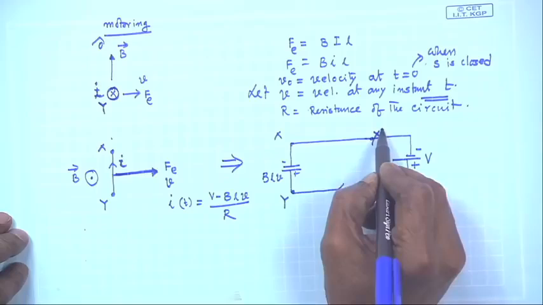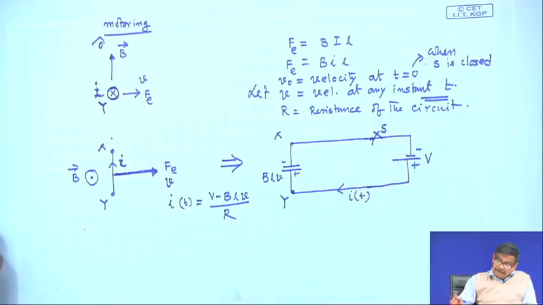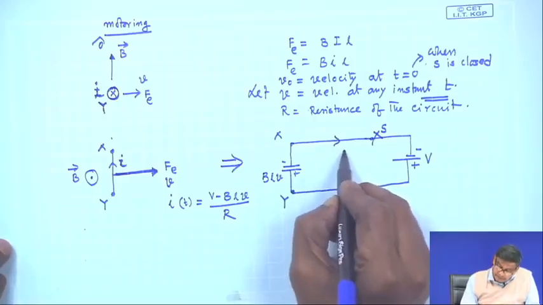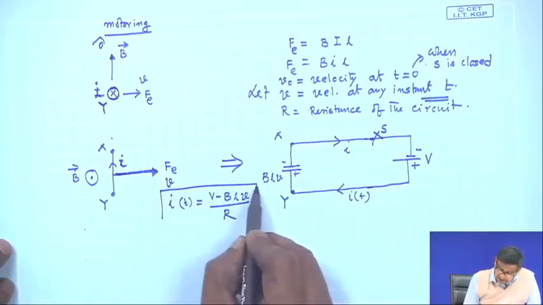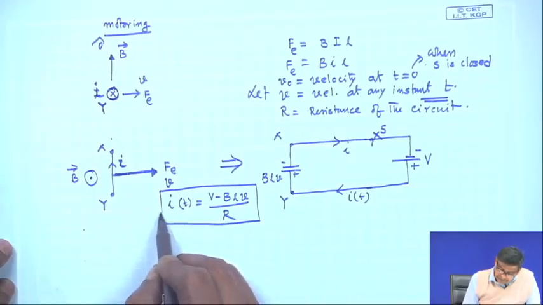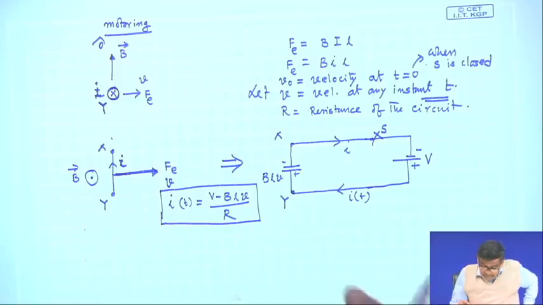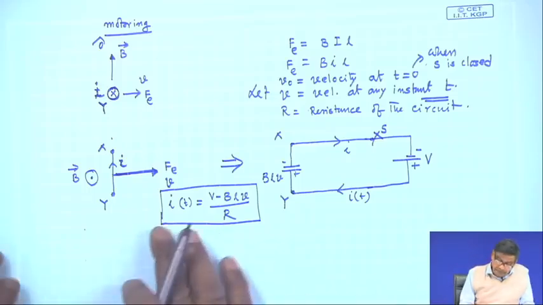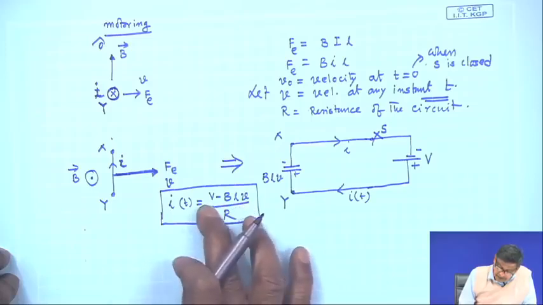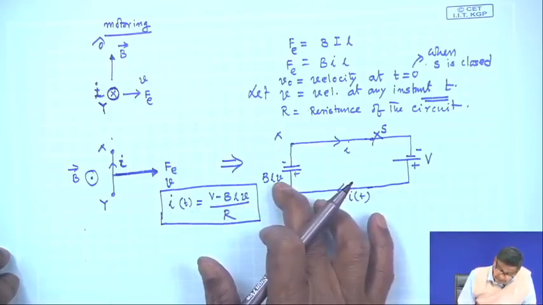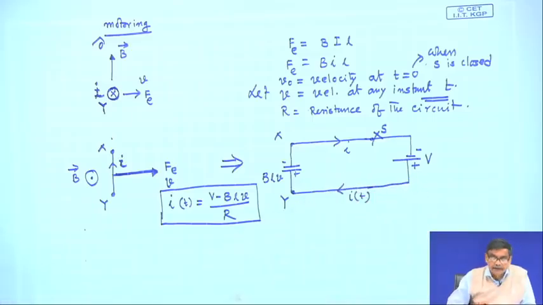So, this is the scenario, this is I(t). So, this will be the expression of the current. Understood? So, I(t) is equal to (V minus BLv) divided by R, the expression of the current.